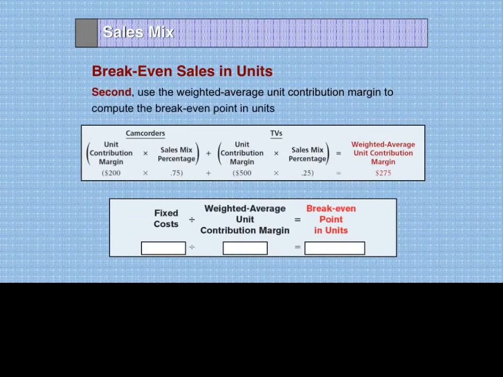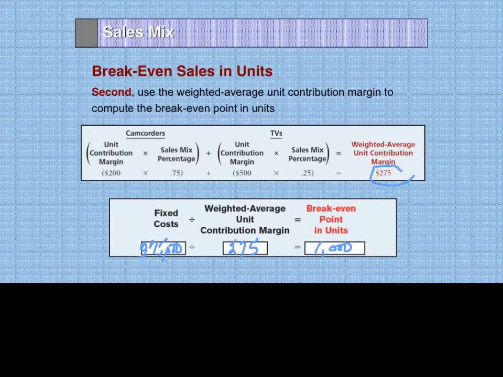Then we simply divide that weighted average contribution margin, 275, into the fixed costs. The fixed costs again were $275,000 total, so we come up with a break-even point of 1,000 units.